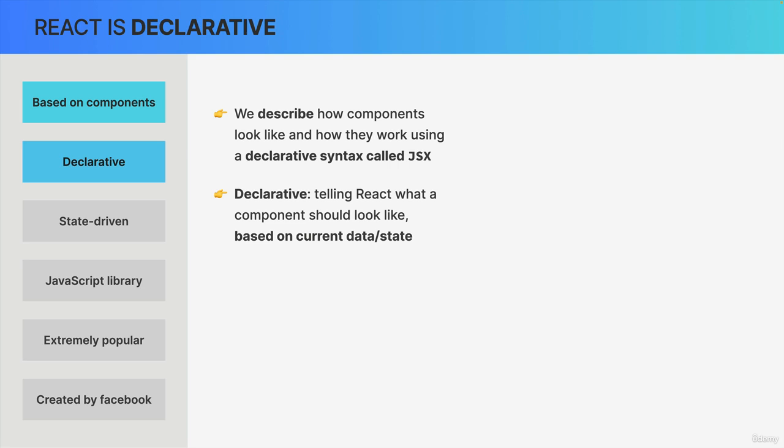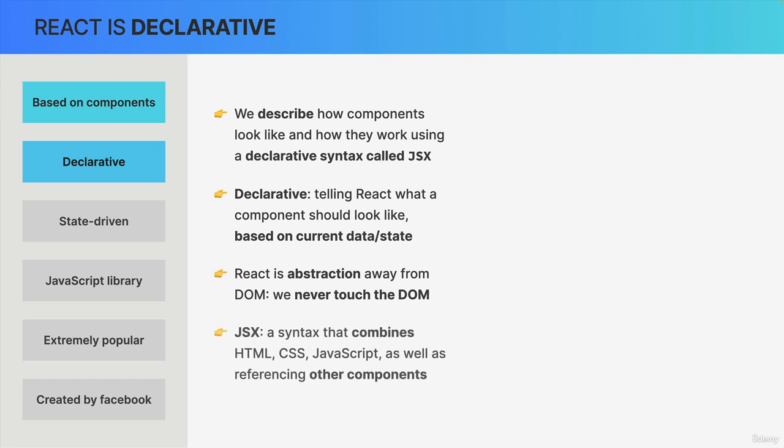So React is basically a huge abstraction away from the DOM, so that we never have to work with the DOM directly as we would with vanilla JavaScript. So we simply tell React what we want to happen when some data changes, but not how to do it. And again, we do that using JSX.